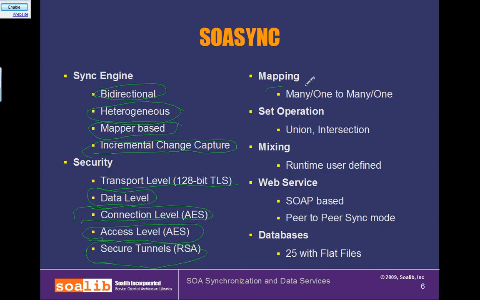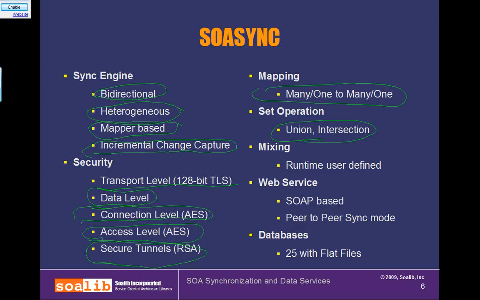Mapping can be done one-to-one, one-to-many, many-to-one, and many-to-many. For set operations, multiple databases can be unionized, and they don't have to be exactly the same database; they can be different databases.